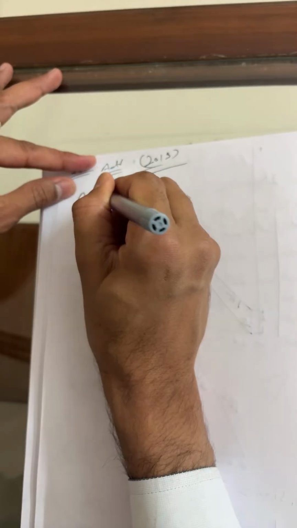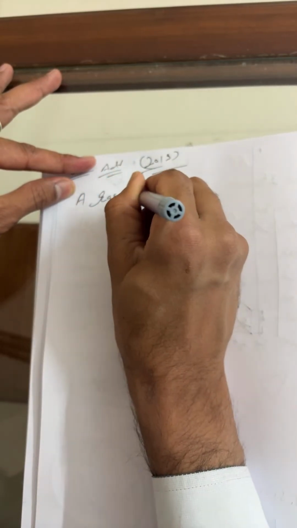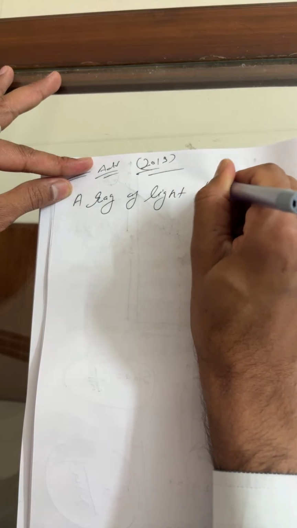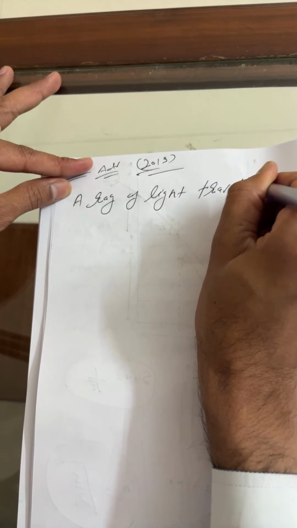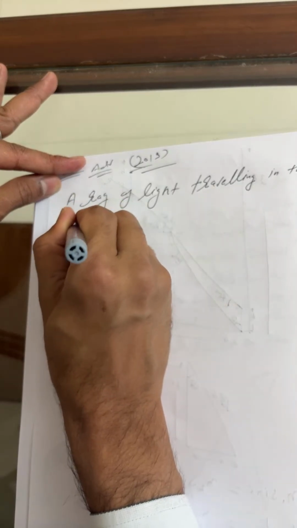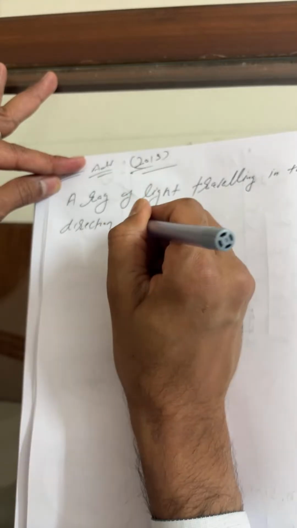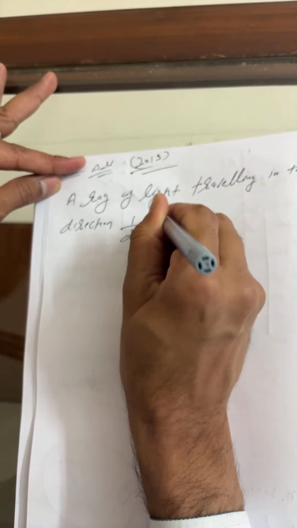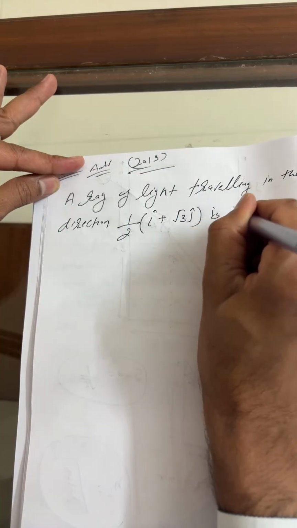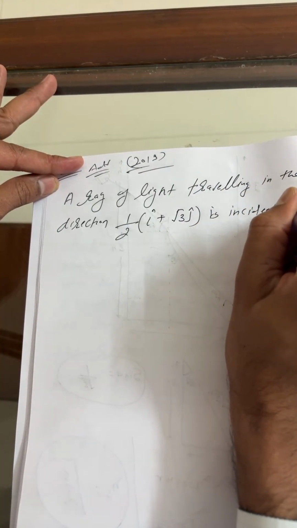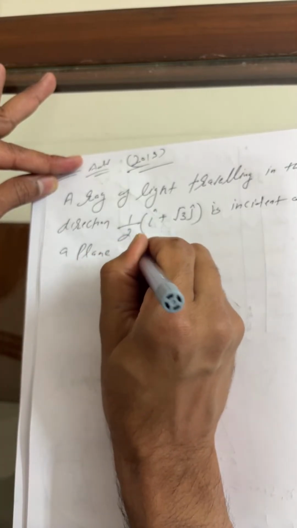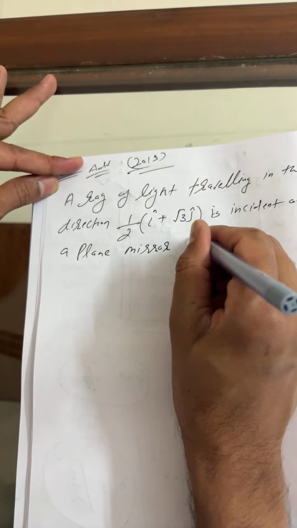It's highly required. A ray of light traveling in the direction 1 by 2 i cap plus root 3 by 2 j cap is incident on a plane mirror.